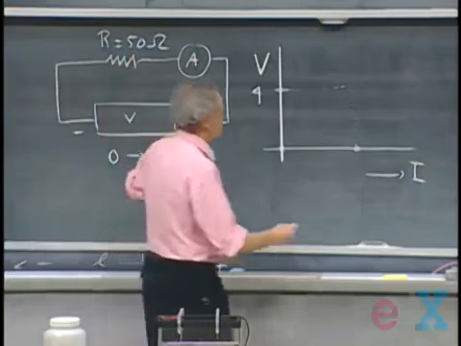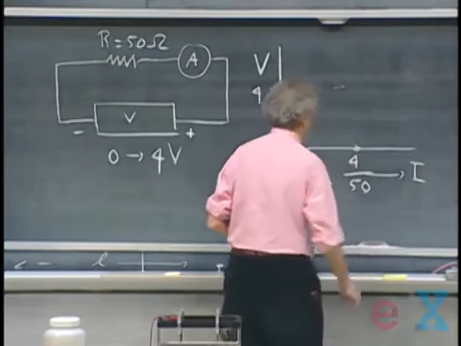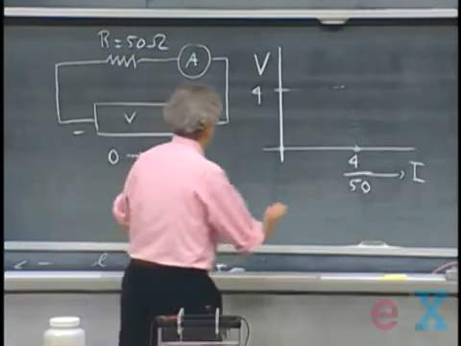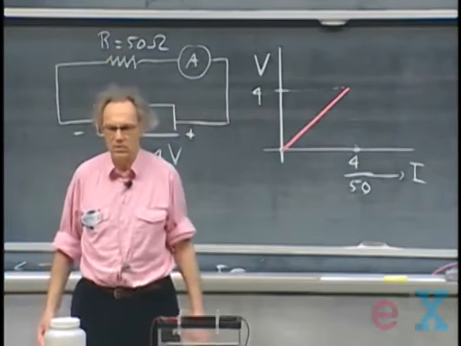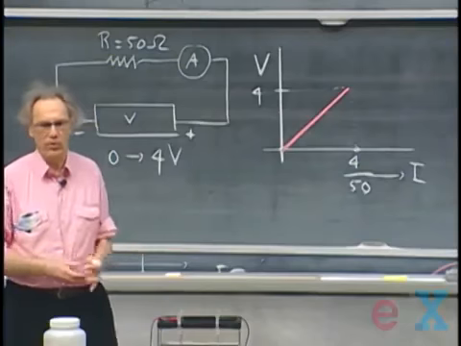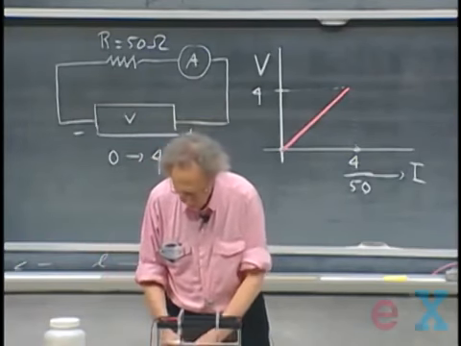According to Ohm's law, that is 0.08 amperes. And if Ohm's law holds, then you would find a straight line. That's the whole idea about Ohm's law, that the potential difference is linearly proportional to the current. You double the potential difference, your current doubles.